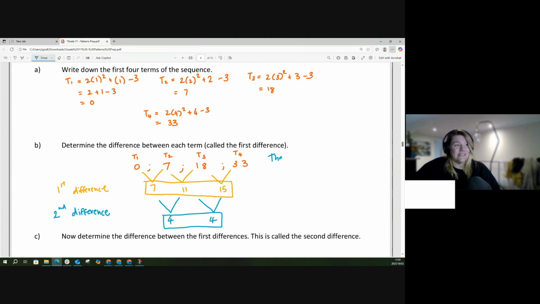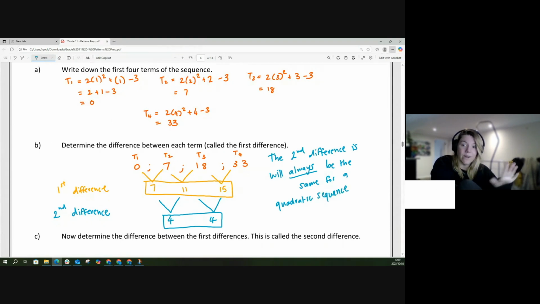So the second difference will always be the same. Always, every time. And we're going to use that knowledge to help us solve things.